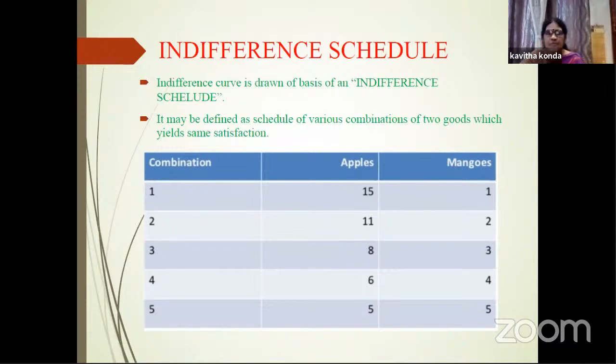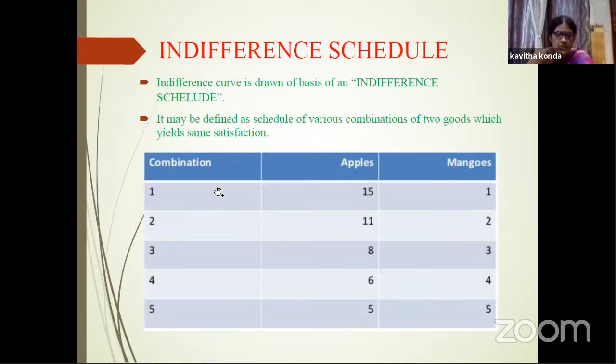Okay, if you go for the indifference schedule, we can draw the indifference curve on the basis of the indifference schedule, which is a schedule of various combinations of two goods that yield the same level of satisfaction. Here we have given some combinations.